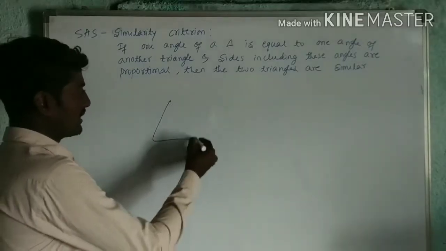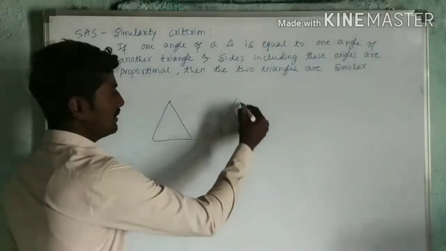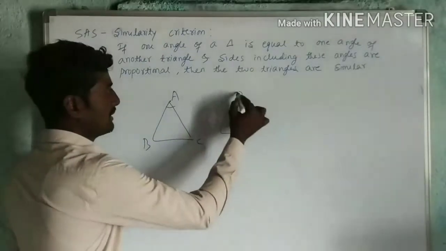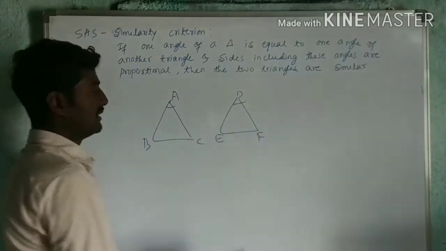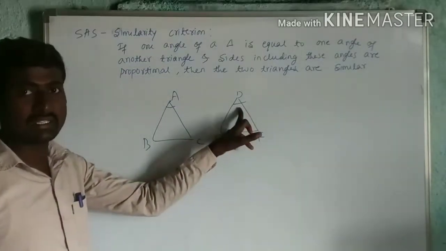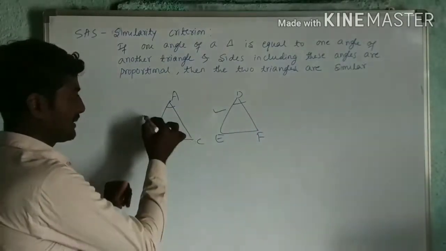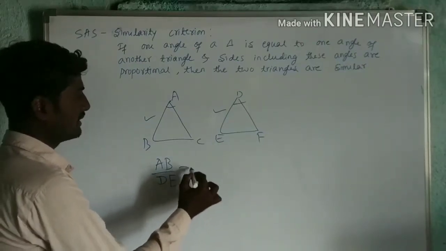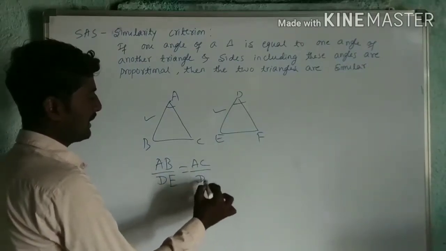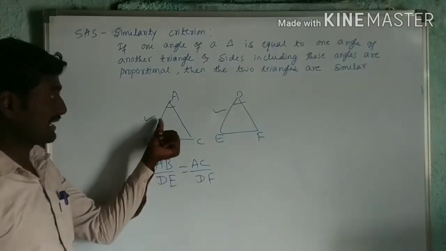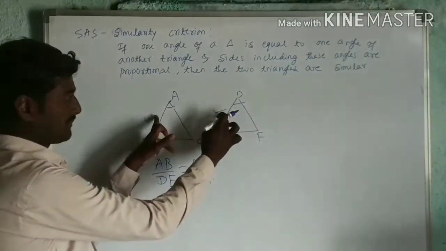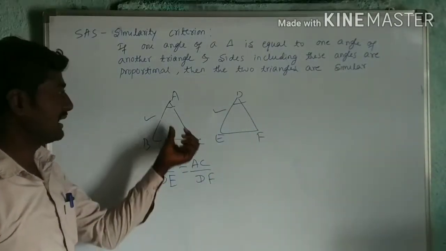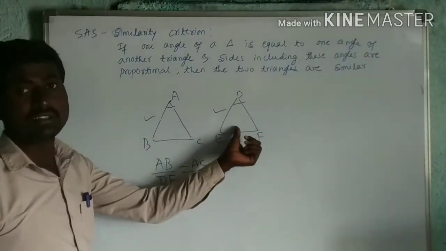So if I take these two triangles ABC and DEF, if angle A equals angle D, then these two sides must be in the same proportion, meaning AB divided by DE is equal to AC divided by DF. Sides including these angles means these adjacent sides must be in the same ratio. Then these two triangles are similar.